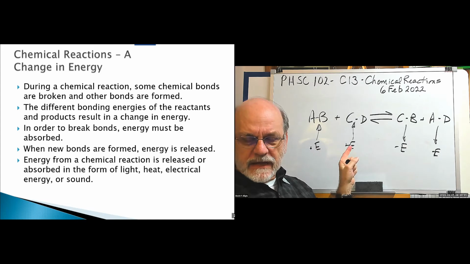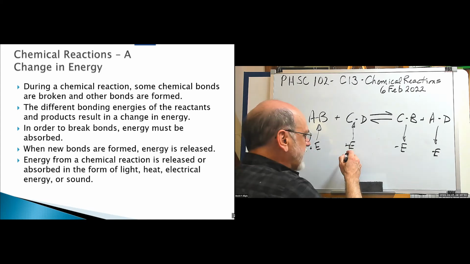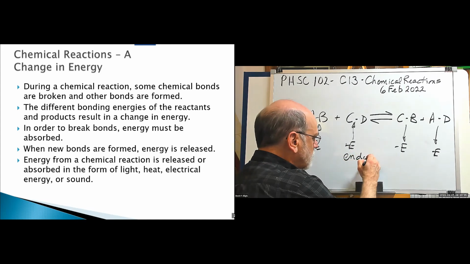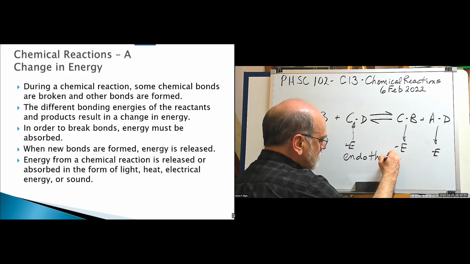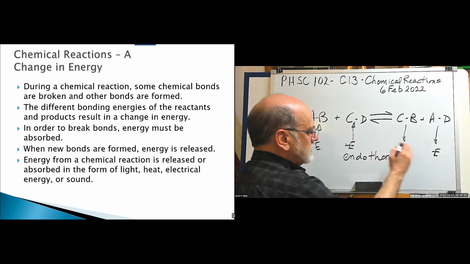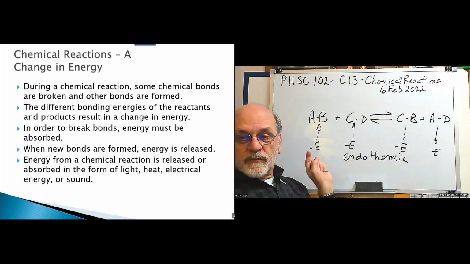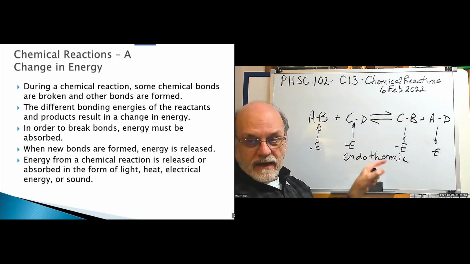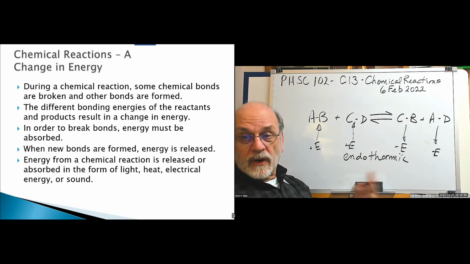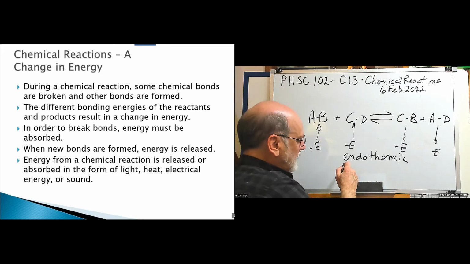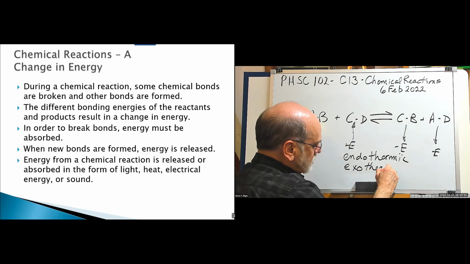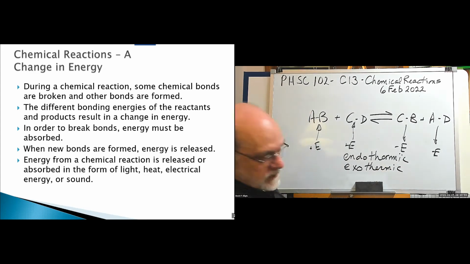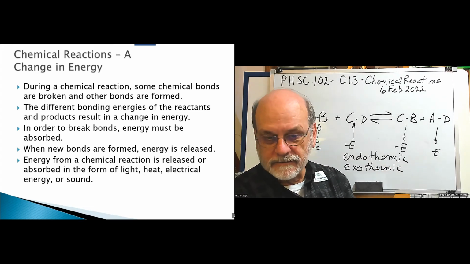If we put energy in and don't get much back, that's called endothermic. Okay? If we put a little bit of energy and get a lot back, like we're burning methane, that's called exothermic. We get energy back. It gets hot.